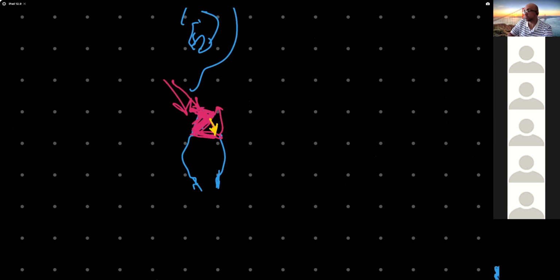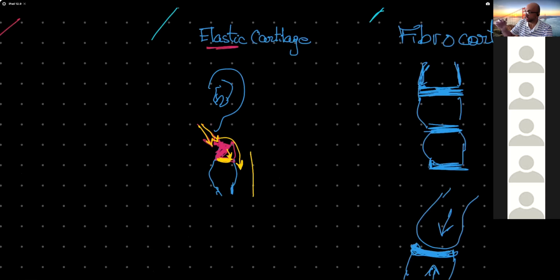When food is traveling in, it's going to be bent down to close my airways for the food to keep going into my esophagus. So I need something that is flexible, but is also capable of maintaining the shape.